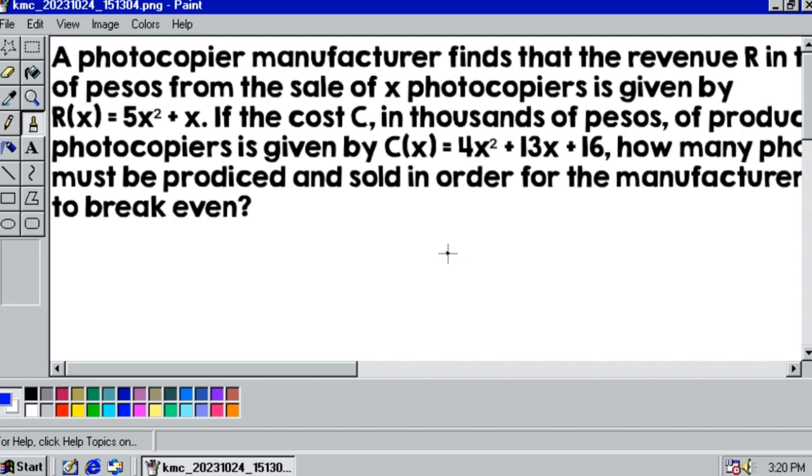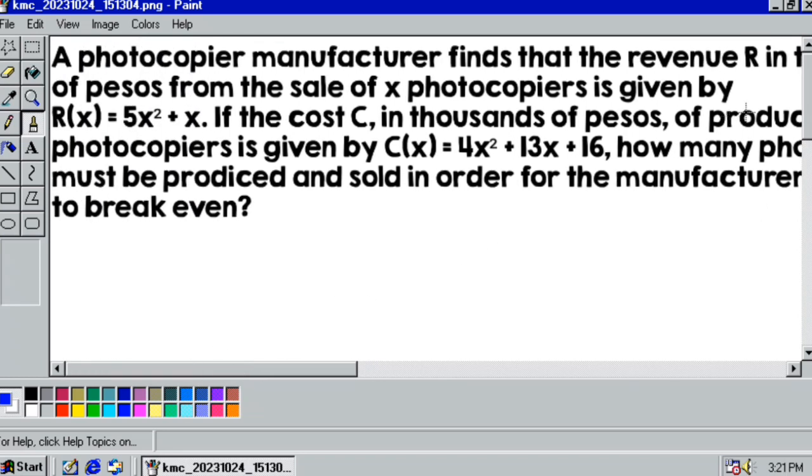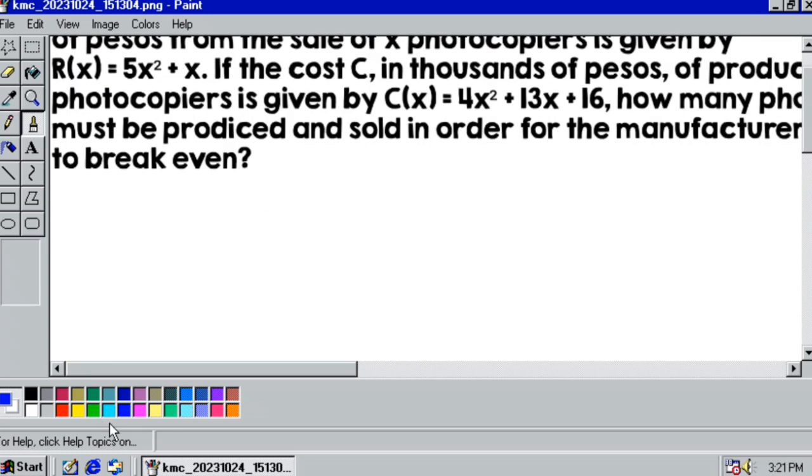If the cost C in thousands of pesos of producing x photocopiers is given by C of x is equal to 4x squared plus 13x plus 64, how many photocopiers must be produced and sold in order for the manufacturer to break even? So we have the keyword here, to break even. Break even means equal.